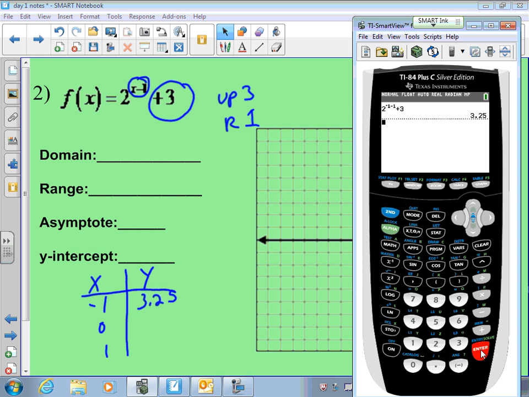If I'm going to do 2 to the 0 minus 1 plus 3, I get 3.5.